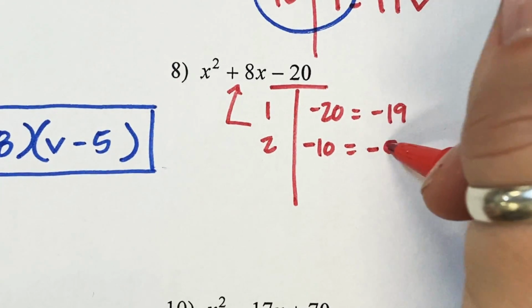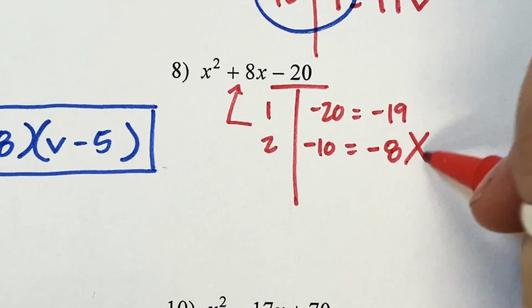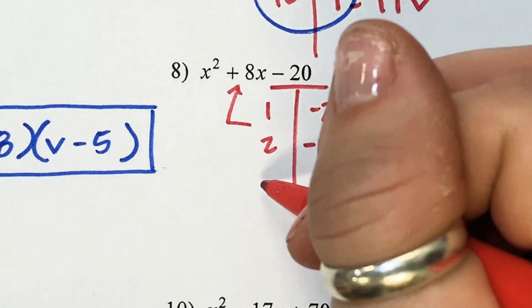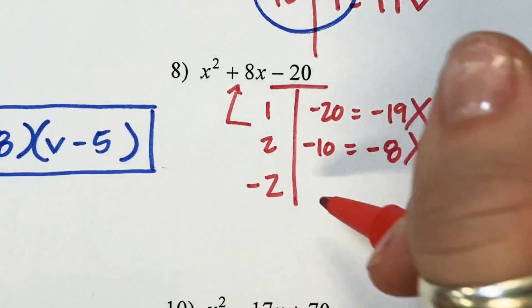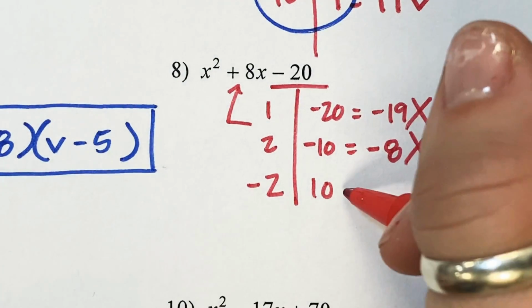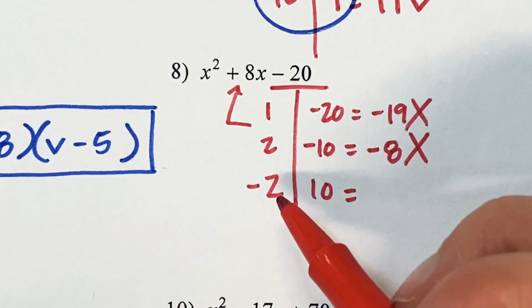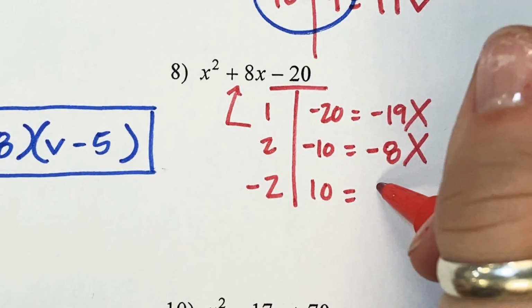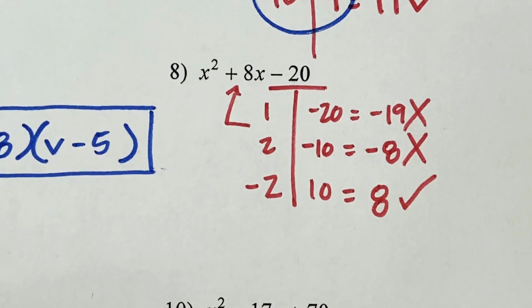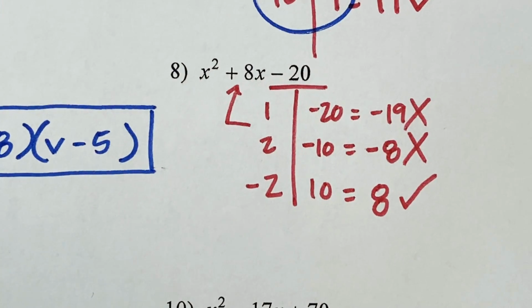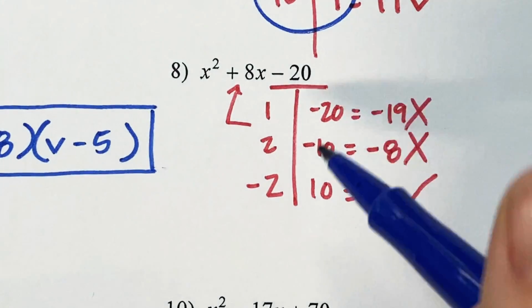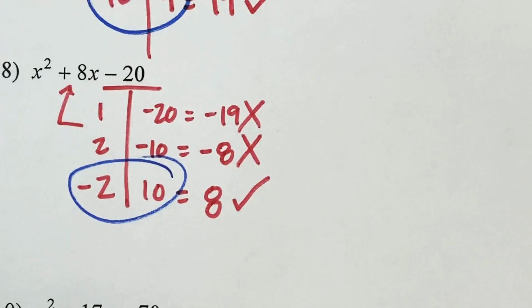Okay, that's going to give me negative 8. Ooh, we're close. We want a positive. Okay, so maybe let's switch it. Let's make it a negative 2 and a positive 10. Okay, because that still gives us negative 20. And then this adds to positive 8. We got it. Okay, so we found our two numbers.